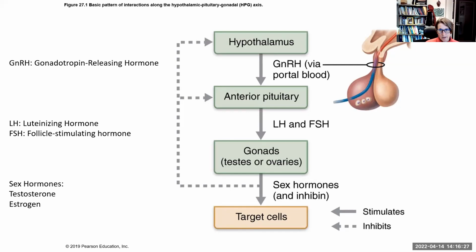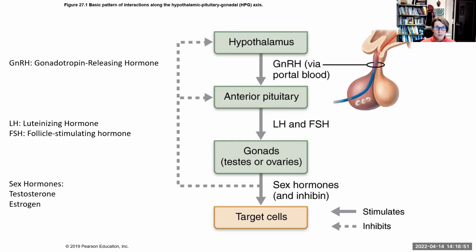And how does this feedback loop work? Well, I'll give you a moment to look at it. The dashed lines mean, have you seen that? Inhibits, right? So here we have a negative feedback loop. So let's start up at the hypothalamus. So the hypothalamus is going to release a hormone known as GnRH, gonadotropin releasing hormone, right?